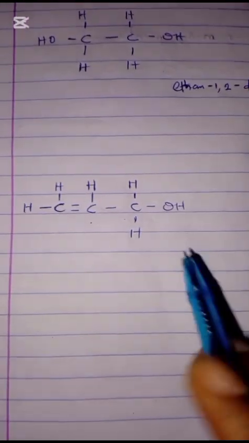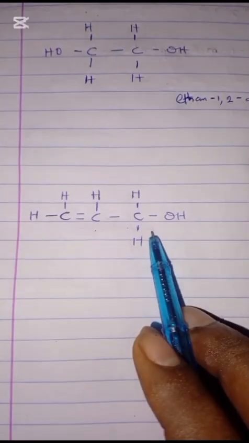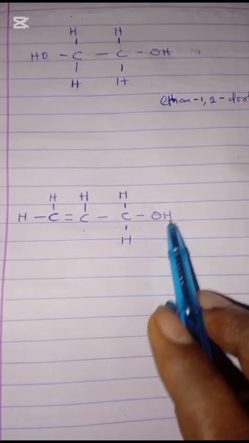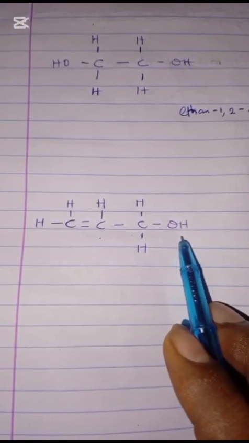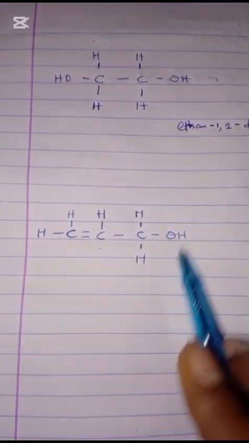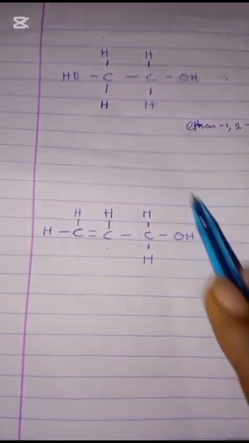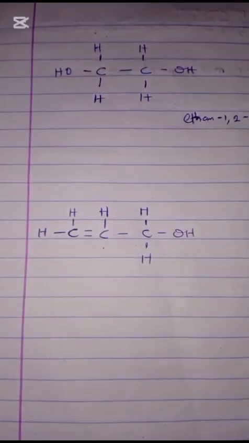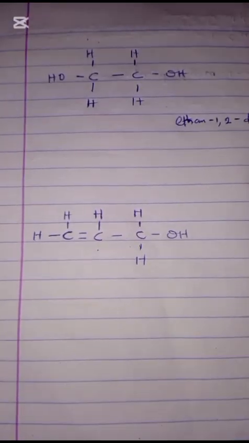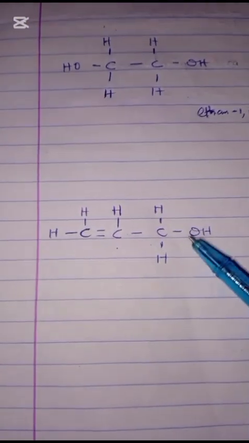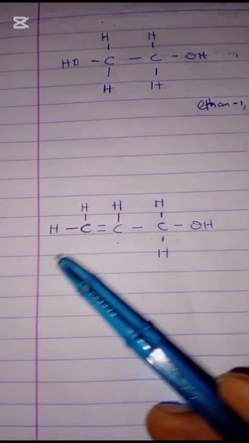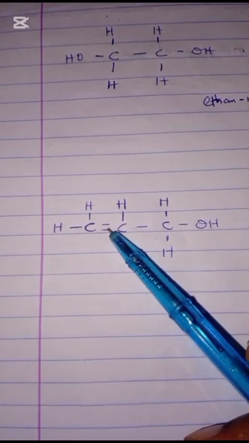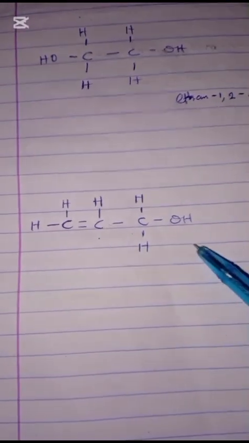Exactly. So let's proceed. Now, if you look at this next organic compound, we have OH, which is the hydroxyl group, which means automatically this compound is an alcohol compound. It's an alcohol compound because we have two functional groups here. We have the double bond functional group and we have the OH.